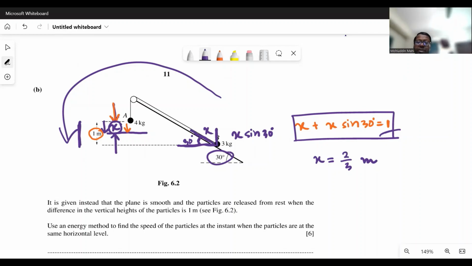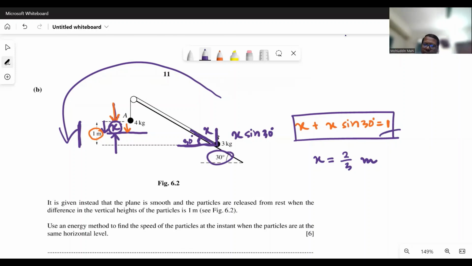All right, now we have to apply the energy method to find out the speed. Now let's talk about the energy conversion. When the system is moving, A is gaining kinetic energy, B is also gaining kinetic energy, because right at the moment both of them are stationary, but after a certain time, if you release the system, they'll start to move, and definitely they'll gain some speed and some kinetic energy.